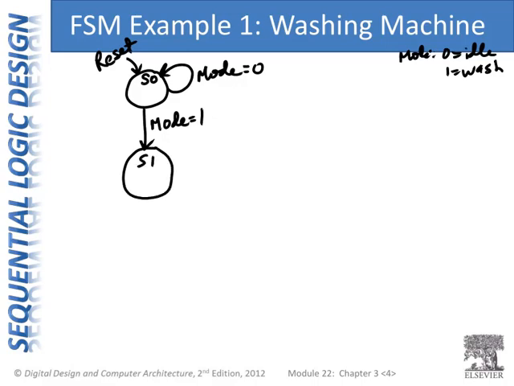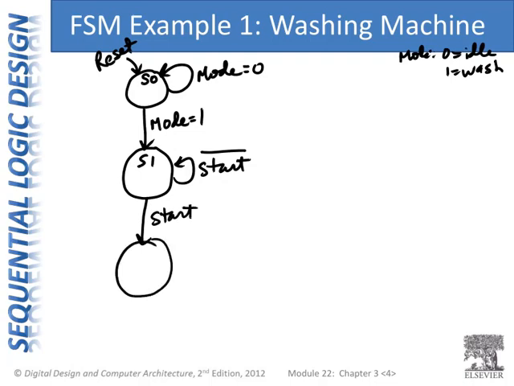it's now into wanting to run a load of washing, we go into the S1 state, and it's waiting for the start signal. As long as start hasn't been pushed, maybe it's a button, it stays there. As soon as start is pushed, it goes into state 2, the washing state, and continues in that state until it indicates that it's done.